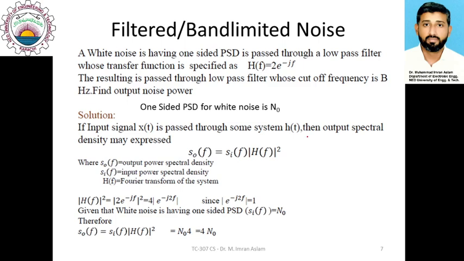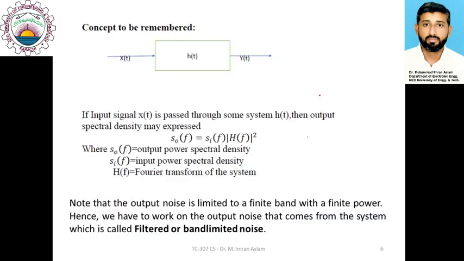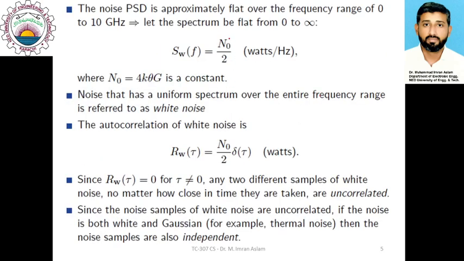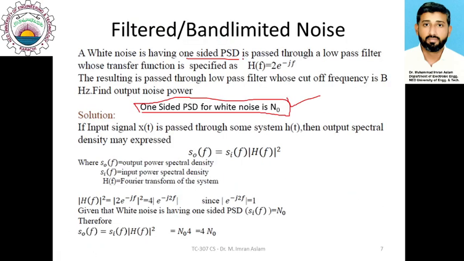So let us try to take a simple problem. A white noise has a one-sided PSD. For simplicity, I have taken this PSD to be N naught. You should notice that the two-sided PSD is generally written as N naught by 2, whereas the one-sided PSD is written as N naught.